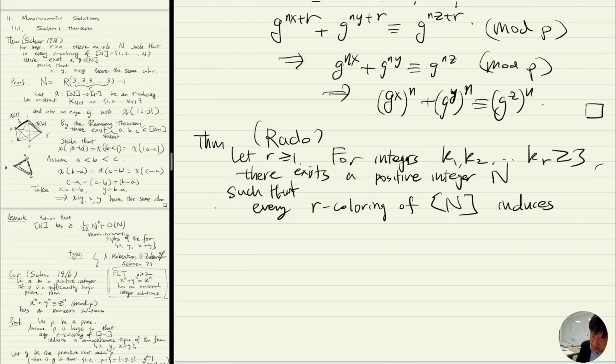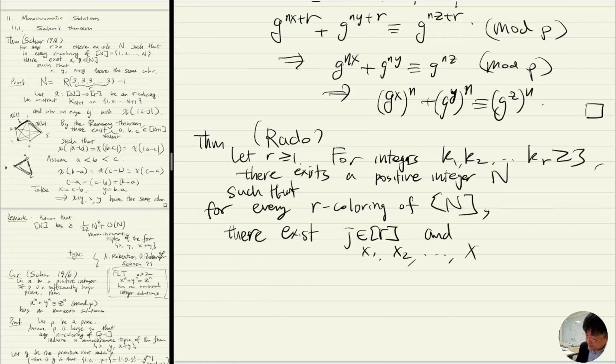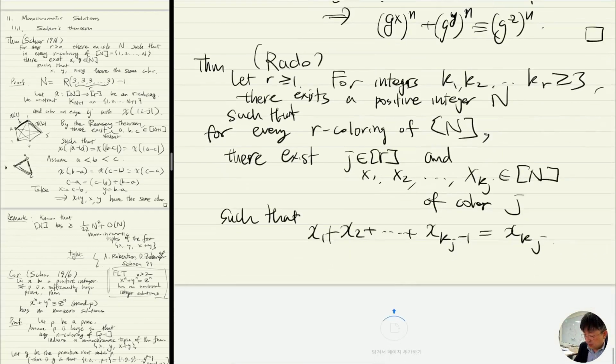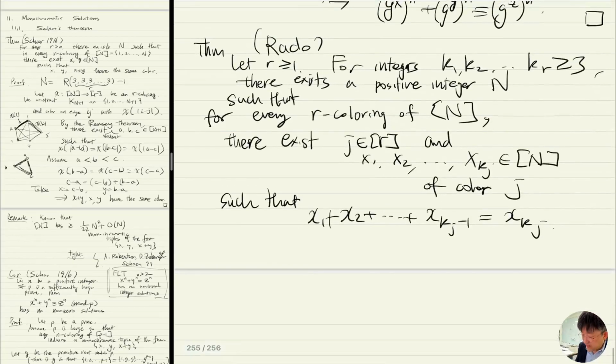I should say, for every r-coloring there exists j in 1 up to r and x1, x2, up to x_kj in n of color j such that x1 plus x2 plus up to x_(kj minus 1) is equal to x_kj.